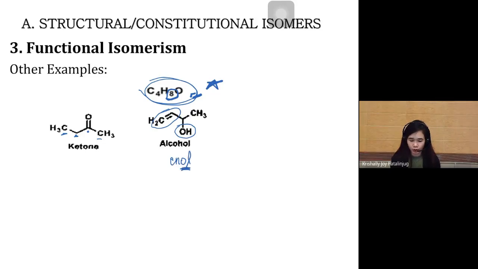Alcohol, ol, and en for alkene. There is a double bond present in an alcohol. Then another structure this formula can produce is an ether. This is an ether, R-O-R, an ether with a double bond.